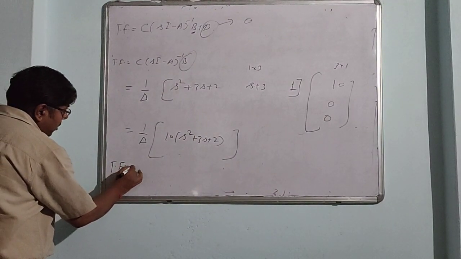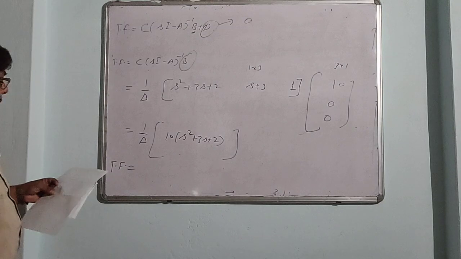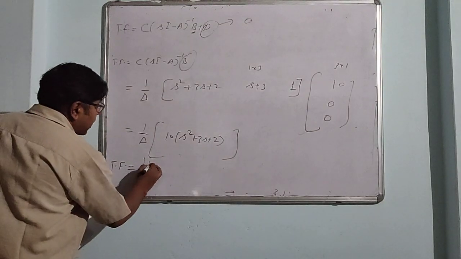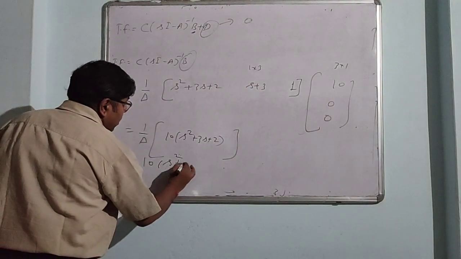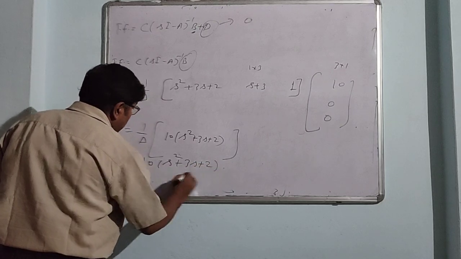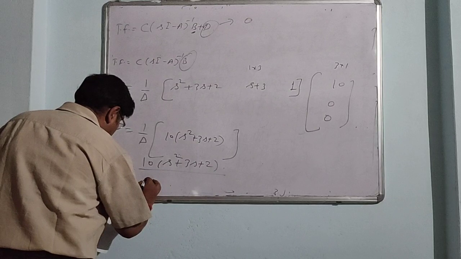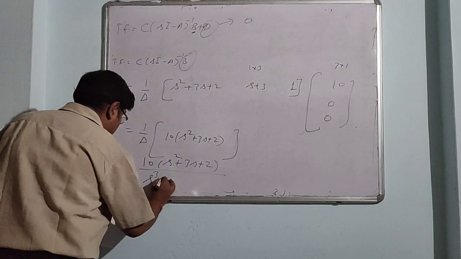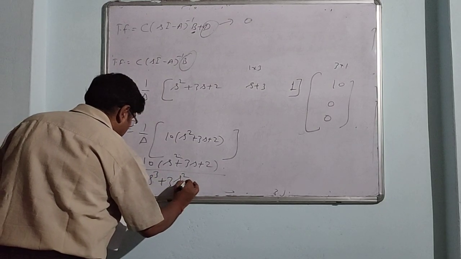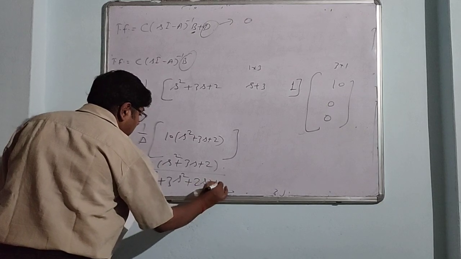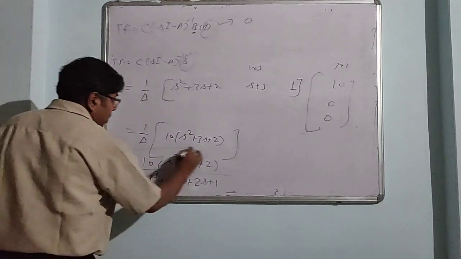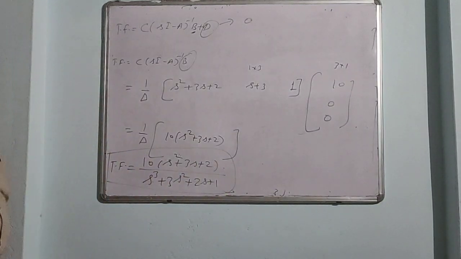So the transfer function is given by 10 times 3s plus 2 divided by this determinant term, which is already calculated. So this is the expression of the transfer function.